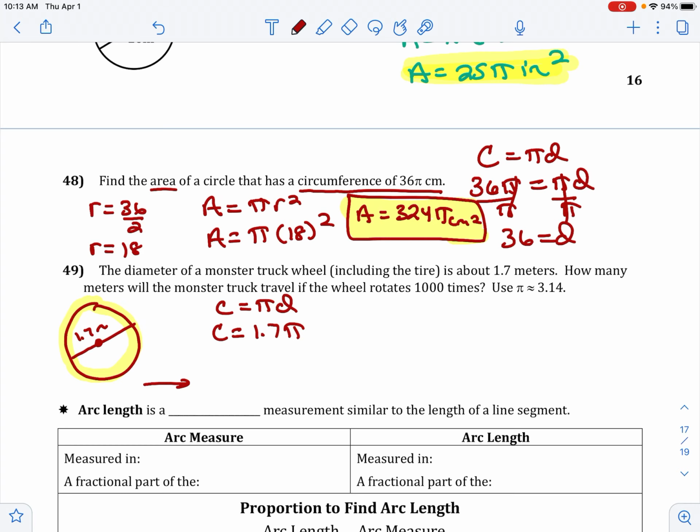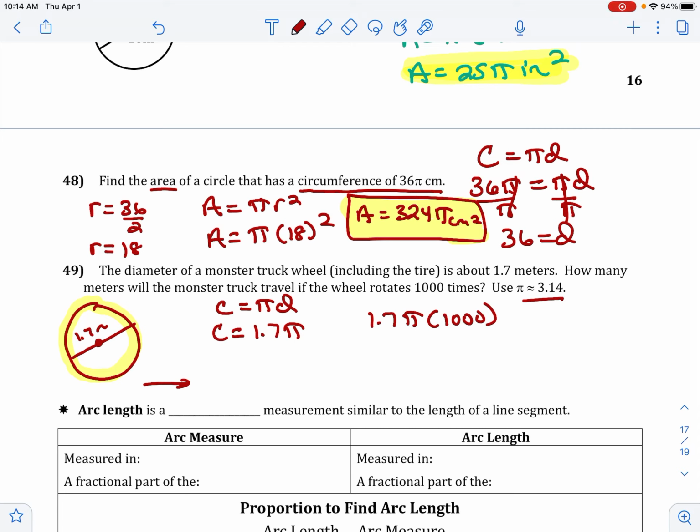Since this is more of a real problem, they're going to ask us to use 3.14. I will do that, but I'm going to wait until the end. I don't want to use it too early because then you've already rounded. So if we want to know 1,000 times, we'll just take 1.7 pi times 1,000, and that'll tell us how many meters it traveled.